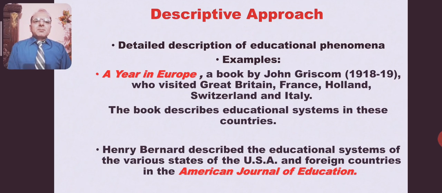We can give the example of a book written by John Griscom, 1818 to 19, who visited a number of countries in Europe, including Great Britain, France, Holland, Switzerland, and Italy. He wrote a book describing the educational systems in these countries, and that book was called A Year in Europe. That was an example of a descriptive approach towards comparison. He looked at the education systems of the different countries and compared them.